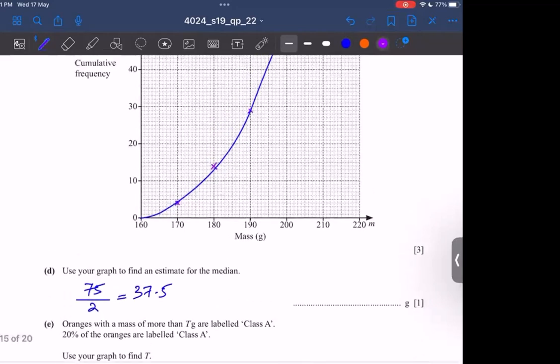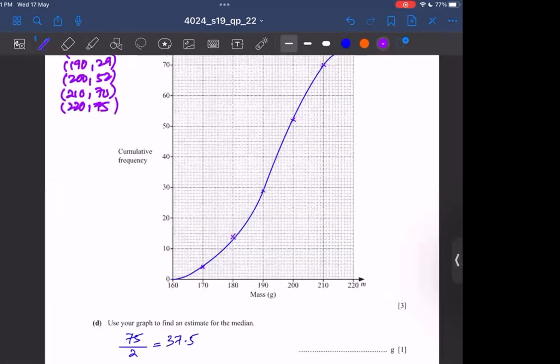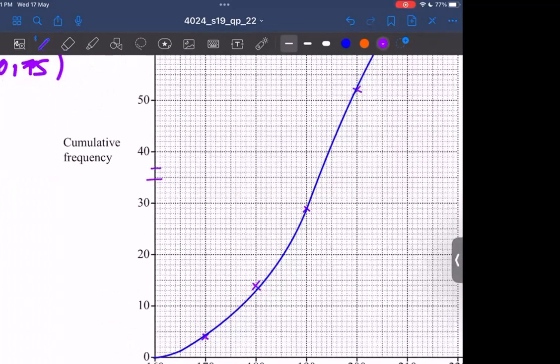So what is 37.5? 37.5 is going to be here. This is 35. This is 37. 37.5 is just right above it, in the middle of it.